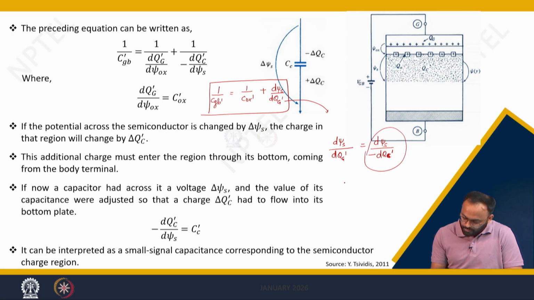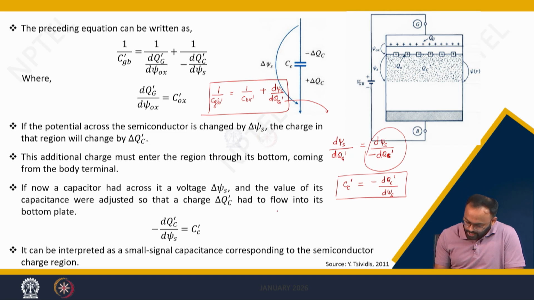Again, this can be given as the channel capacitance, or you can say the capacitance due to the channel charge, but with the negative sign, delta qc dash divided by delta psi s. Here you should understand the capacitance value is not negative. The capacitance is positive. To make the capacitance positive, we are actually adding this negative term.